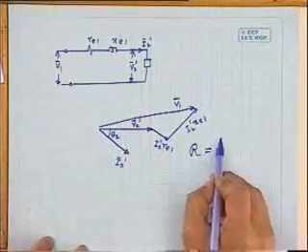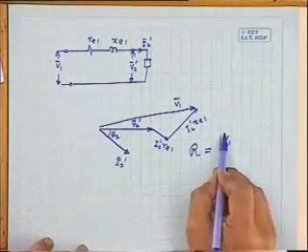Because as a user of electricity, I am interested in the magnitude of the voltage. What phase shift it has suffered from the initial voltage does not matter to me. I must get 220 volt 50 hertz supply from the secondary of the transformer. So how the magnitude of the voltage changes is important.